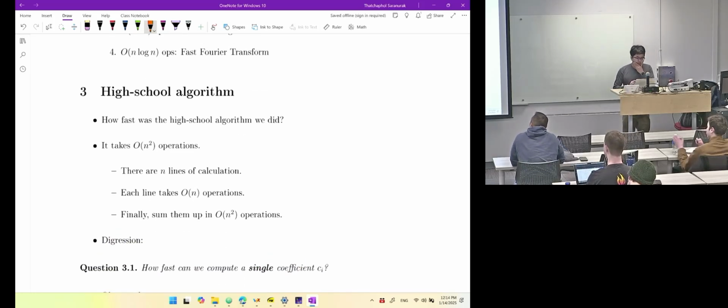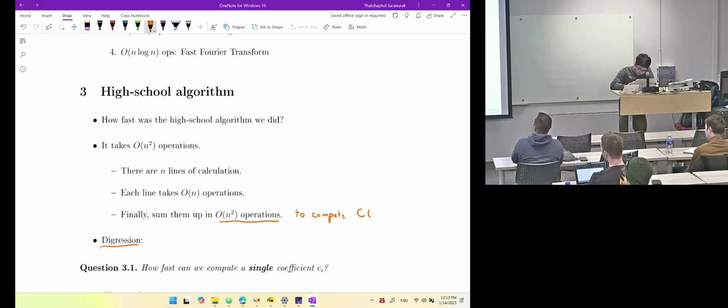But now let me ask you one small digression. This takes n squared time to compute the whole polynomial c, right? But what if I just want one single coefficient of c?